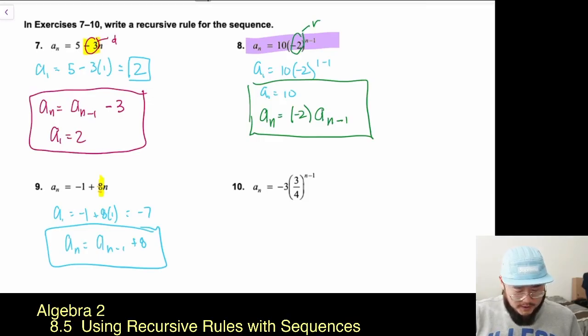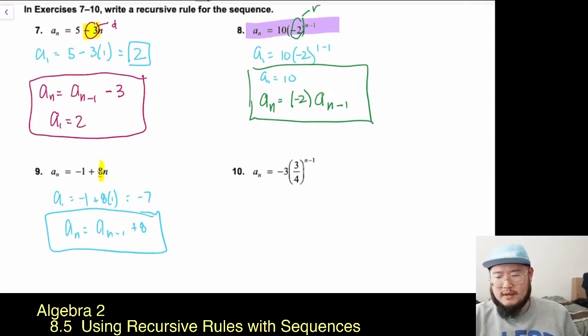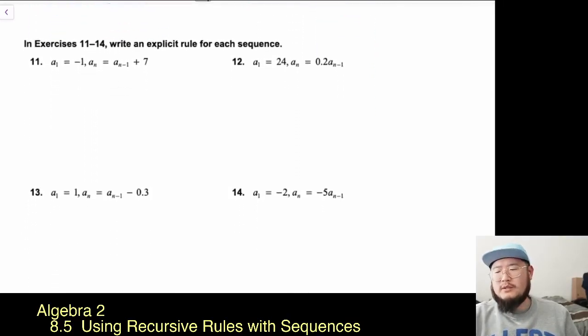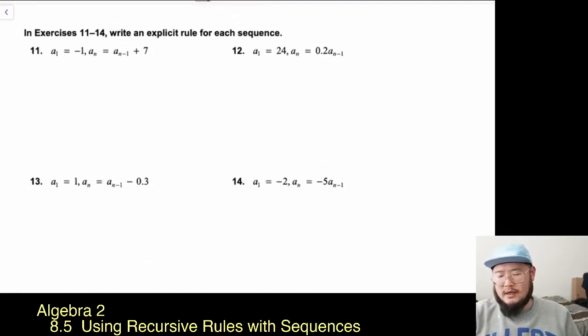All right, so hopefully we have that point set, and we are good to go right now. The last thing then, I'll skip number 10. We're going to write the explicit rule for each sequence. Right here we have the recursive rule. So remember, things that they give us, we have a sub 1. Great.